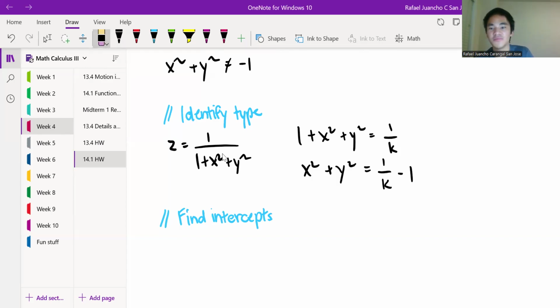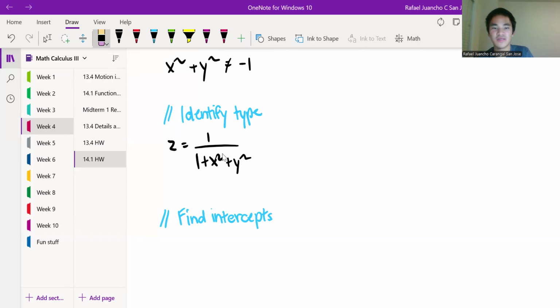So here we just have some number, right? This is just some number that we don't know. But we're going to have a circle in this case. So in the xy plane, right, when my z is gone, pretty much, I'm going to have a circle.